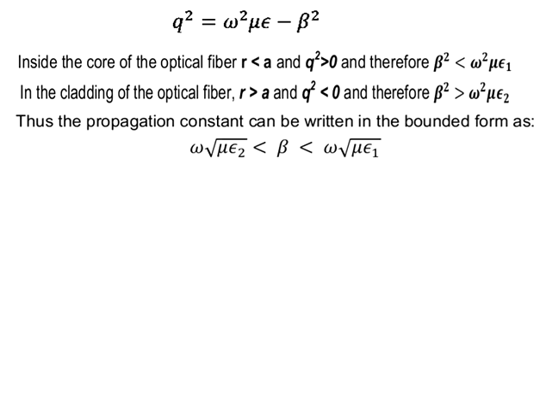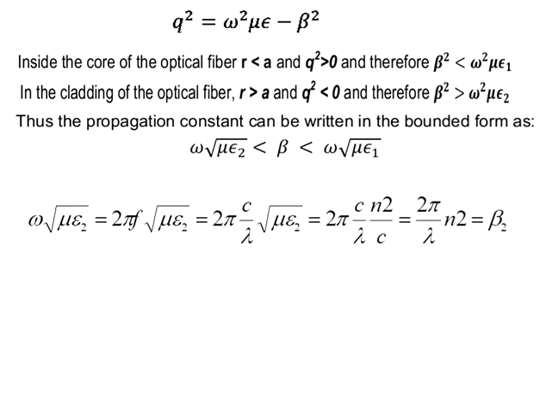Now if we consider this omega under root mu epsilon 2, omega we can write as 2 pi f, and f we can replace by c by lambda.